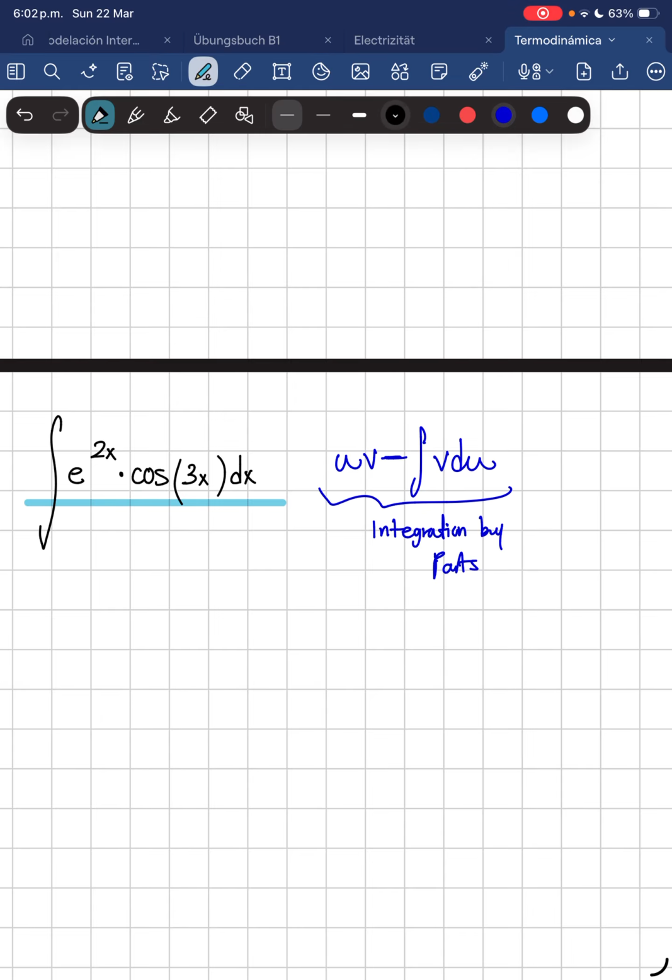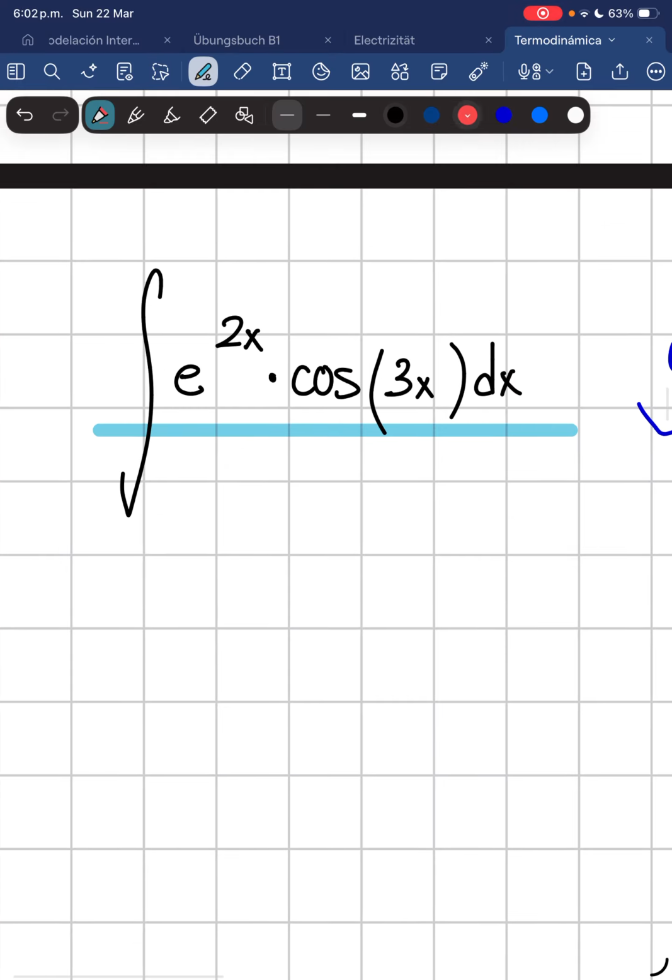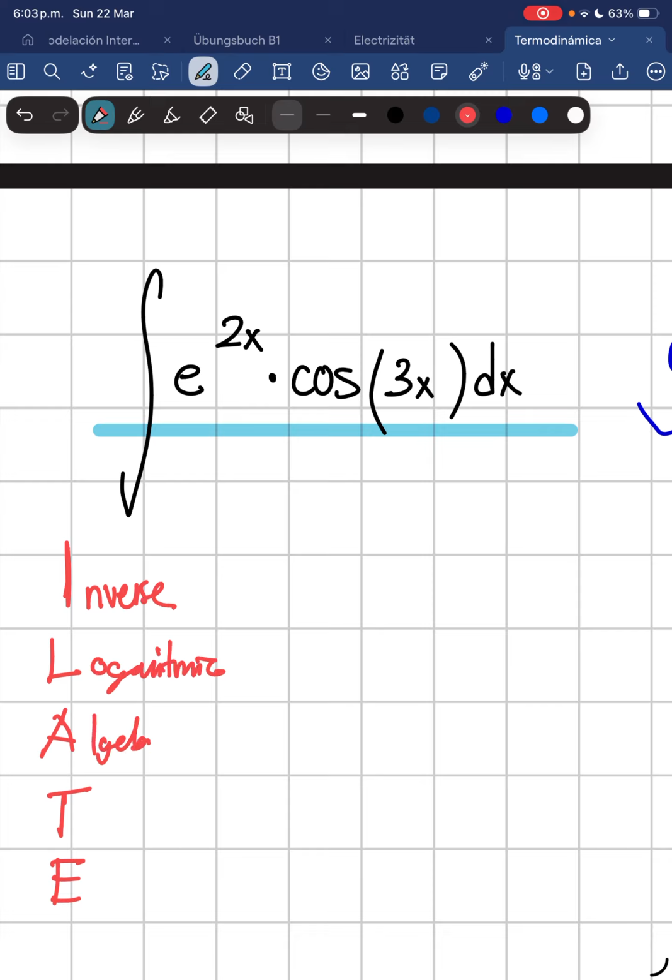So before we begin, we have to take into account some hierarchy for establishing our best or optimal candidate for u. If you guys know, there's a rule called LIATE, which is for inverse, logarithmic, algebraic, trigonometric, and exponential functions.